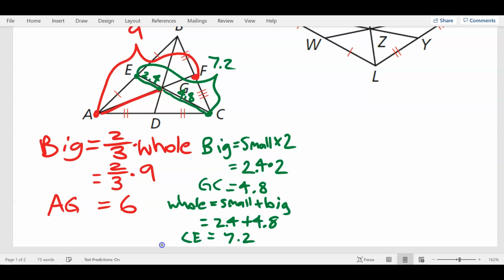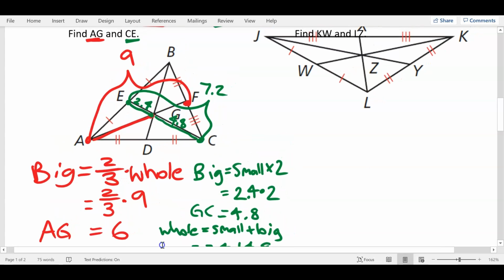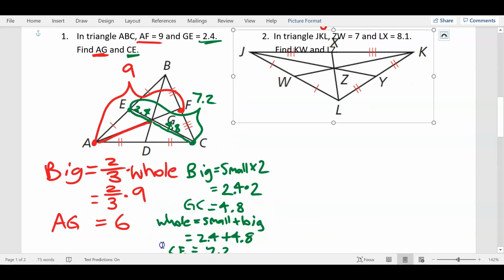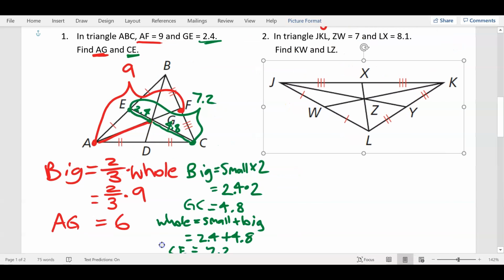Okay. So again, if you know a small one, double it to get the big one, add them together to get the whole thing. Okay, I know that's a little complicated, but it's doable.